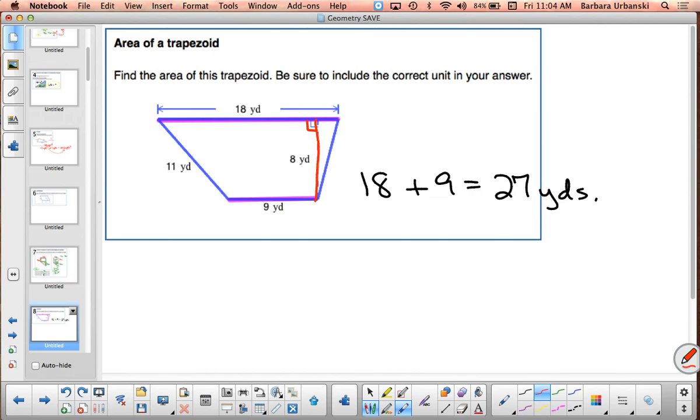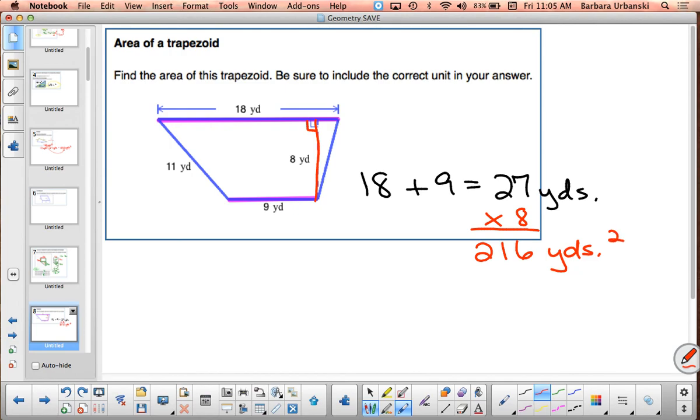So then we're going to take the sum of our two parallel sides, and we are going to multiply it times 8. We will multiply that by 8, and we are going to end up with 216, and that would be 216 yards. And because we are going to make sure that we have our units, it's going to be yards to the second power.